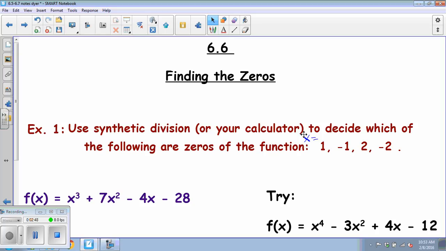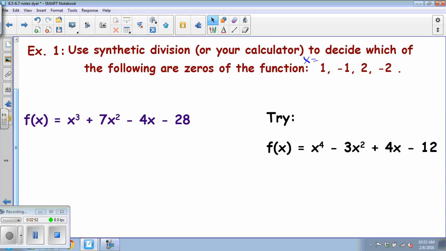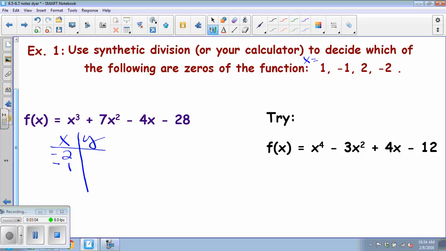So we go to the table and we check. We're going to check these specific x values. So I'm going to put them in order: -2, -1, 1, and then 2. So we'll go to the table and think about it.